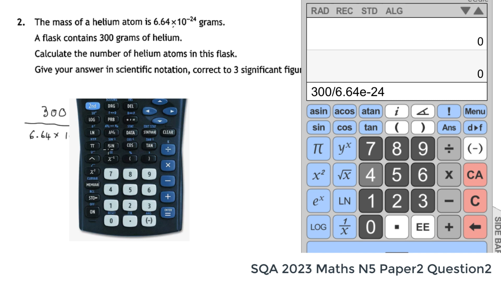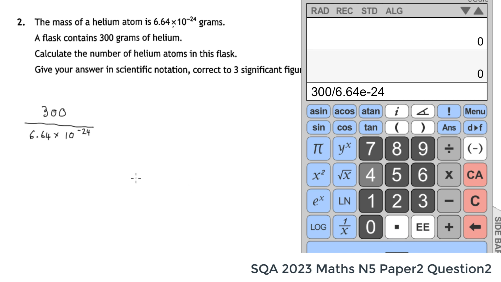You'll notice it's there, and you'll notice it's above the main key, which means we have to use a second function button. So if we press second function, then press this, that's equivalent to pressing an EE button. So you need to watch your own calculator and decide how you fill in a standard form number.